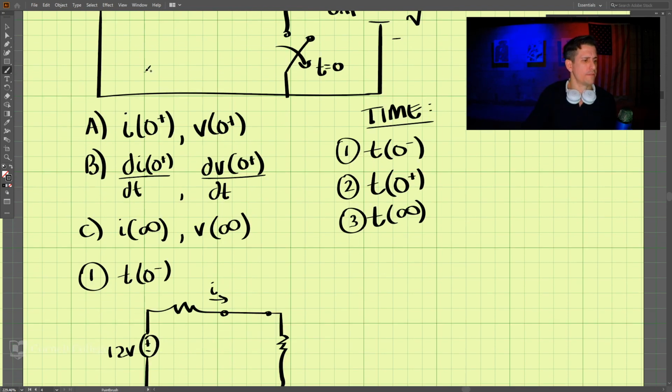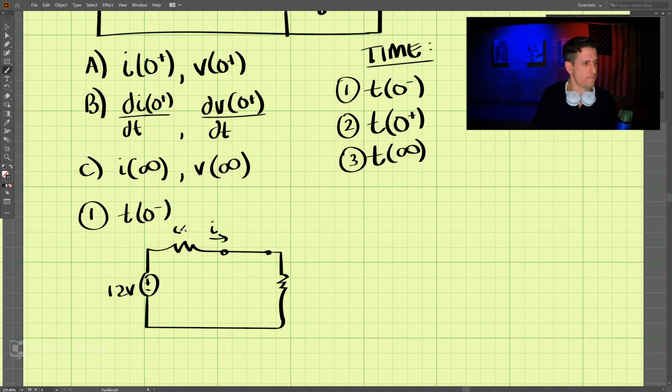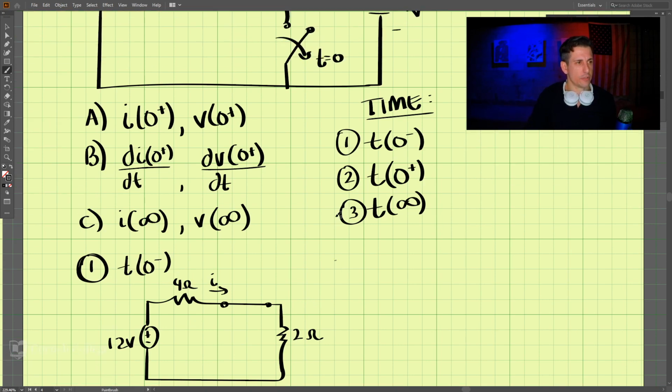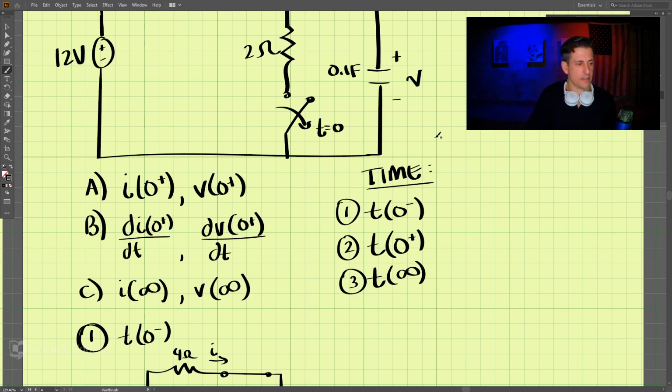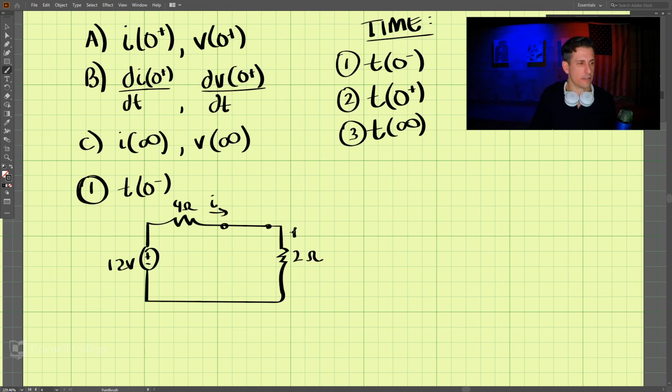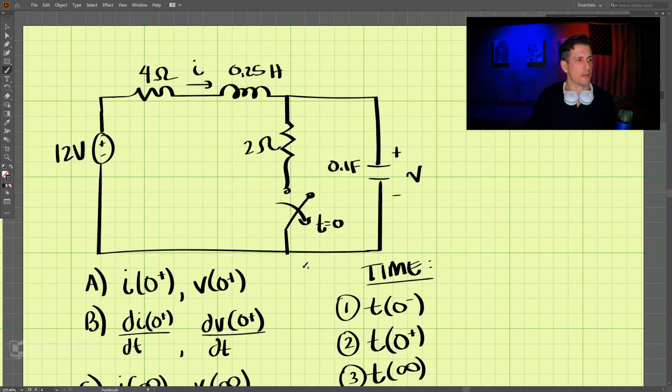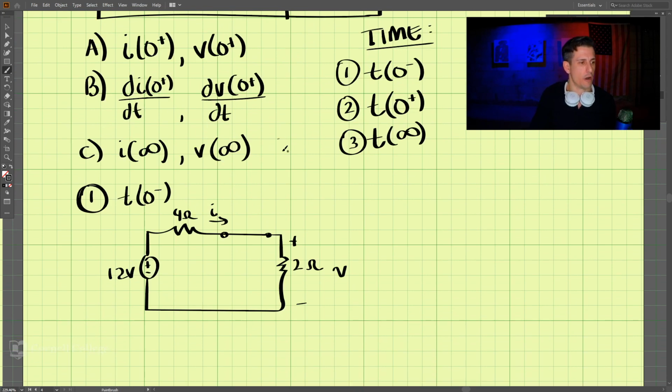This is 4 ohms and 2 ohms. Okay, so this is step 1 here. And this voltage V here is actually the voltage across here, from here to here, because those must be the same. We're looking for the voltage there.